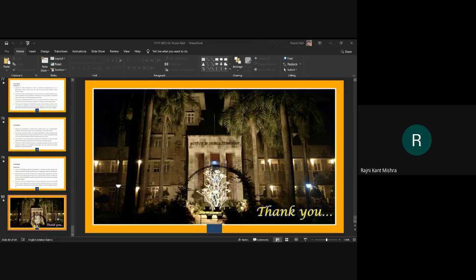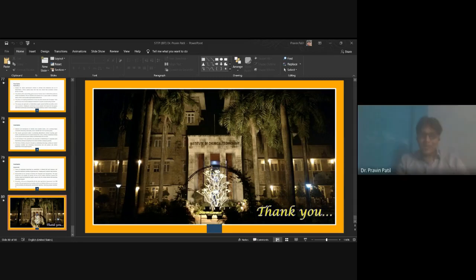I am myself not from a biotechnology background, and yet I found it really interesting. The information was so detailed. I think that you took us through every step, so that in case somebody wishes to practice this methodology, it could be very easily possible for them. Thank you so much for conducting such a wonderful session for us.